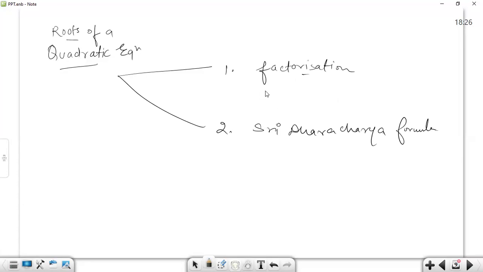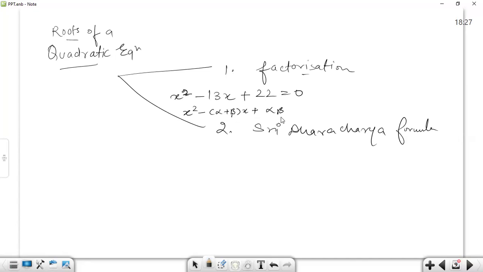So let's discuss factorization. If there is any quadratic equation given like x square minus 13x plus 22 is equals to 0, and we know a quadratic equation having two roots will be written like this.